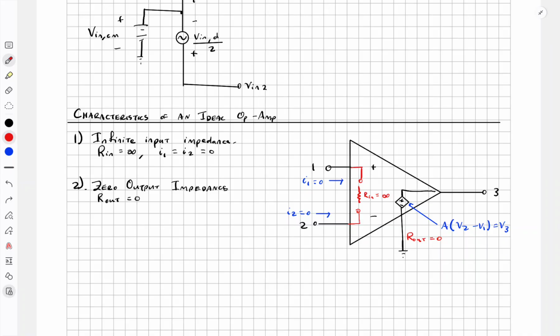Now there's another assumption that we need to make if it's an ideal op-amp. Ideal op-amps have what's called zero common mode gain. The meaning of that is zero common mode gain. It also means infinite common mode rejection.